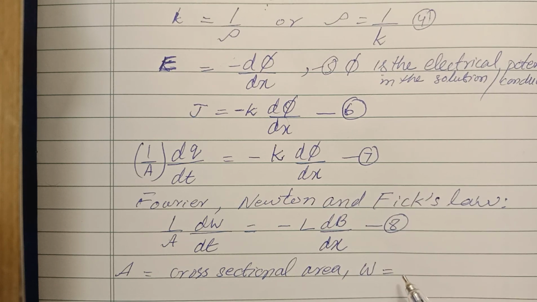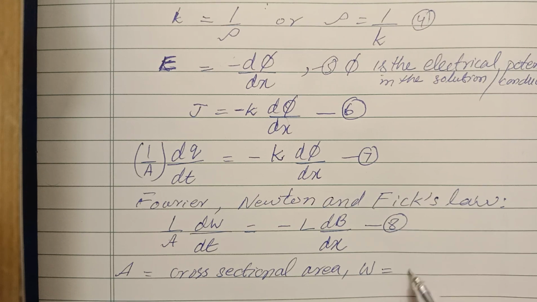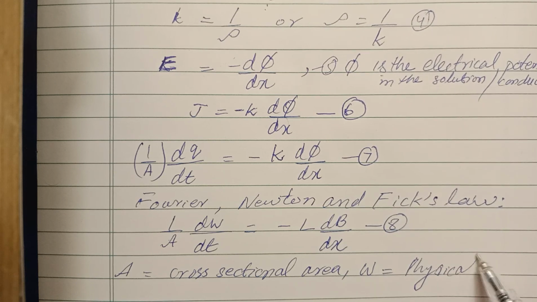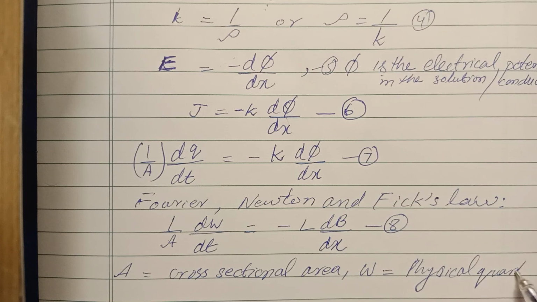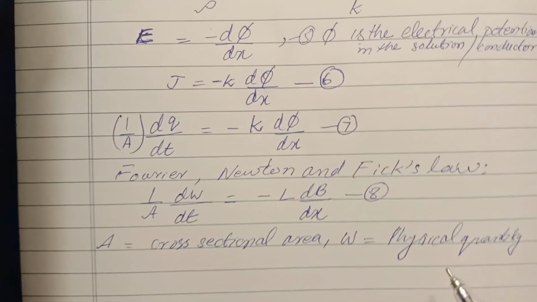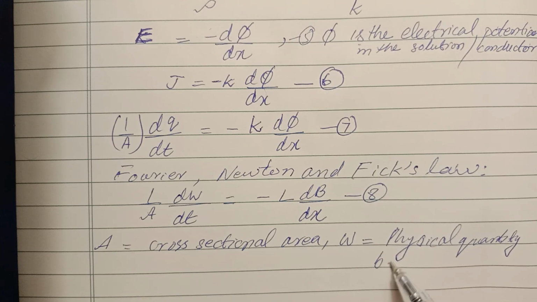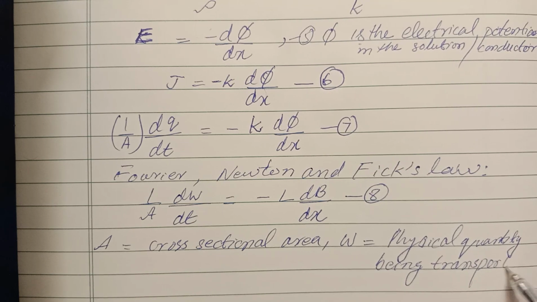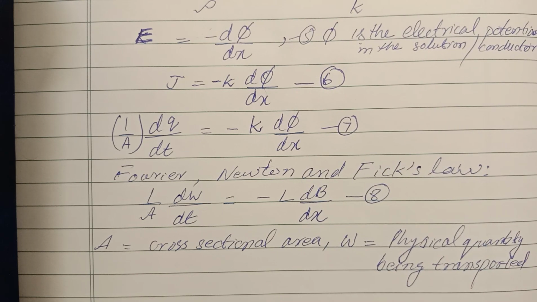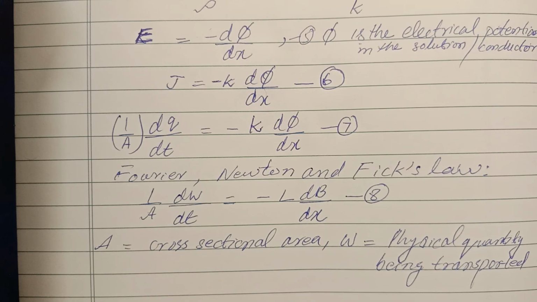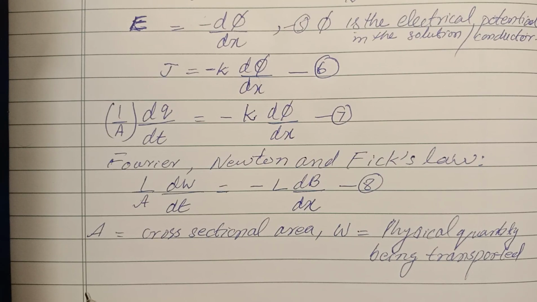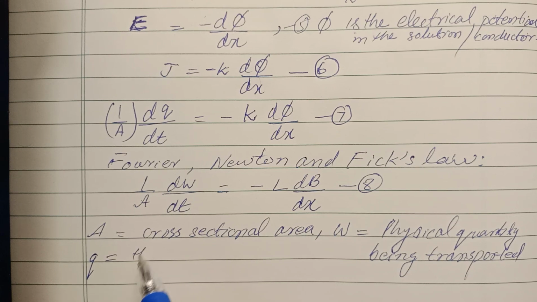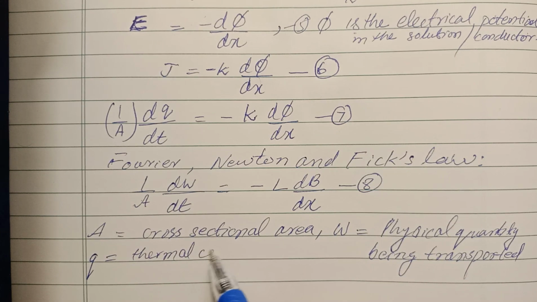W is any physical quantity that is being transported, so it can be Q in thermal conduction.